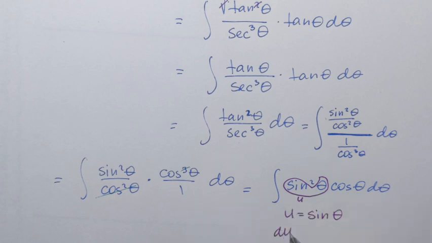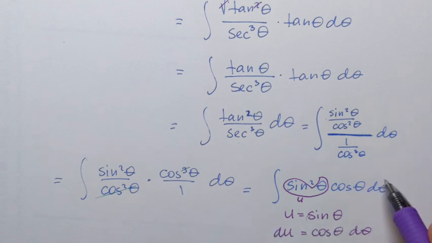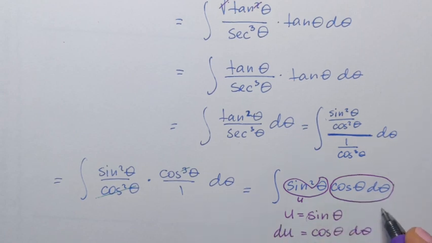But then du, the differential of u, is the derivative of sine, which is cosine of theta d theta. And based on this, I can see that cosine theta d theta, this portion, has to be replaced with du.